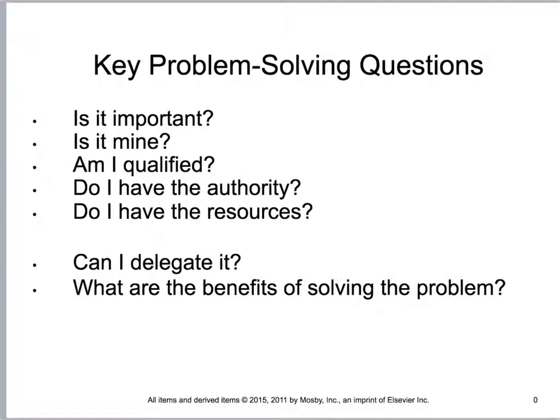No. Or do I have the resources? No. Well, that's probably not something I can take care of at this point in time. So then I have to decide what to do next. Do I tell someone? Do I turn it over? Or if it's really not a problem, maybe I just thought it was my problem.